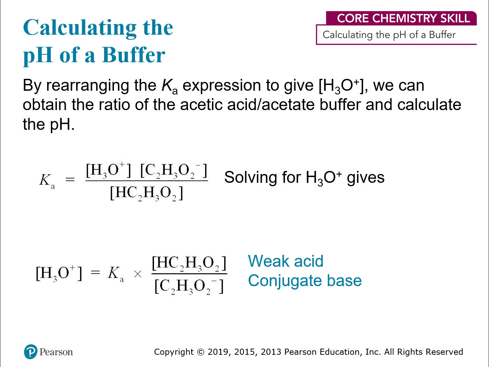We can calculate the pH of a buffer. So just like any other solution, you can always calculate how much hydronium ion you have, which is the H3O plus. And when you do that, you get this ratio as part of your answer, which is the weak acid over the conjugate base.